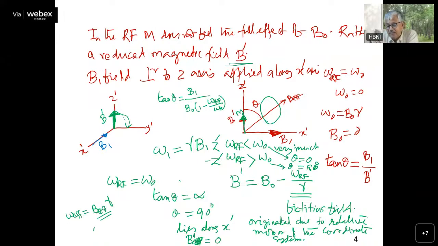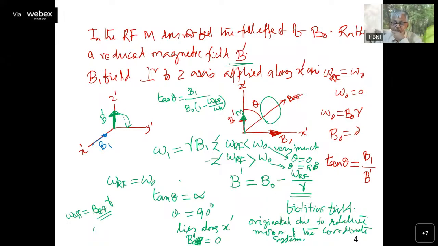But the main thing is that the extent of magnetization in the XY plane will be much less, so the sensitivity of the experiment will be much lower. So this part is clear.